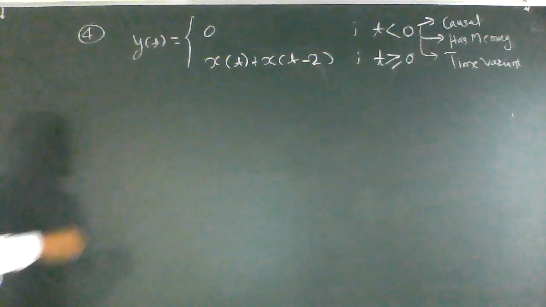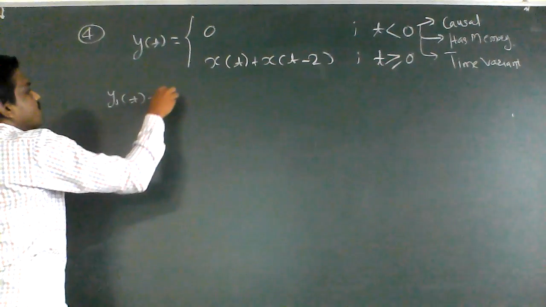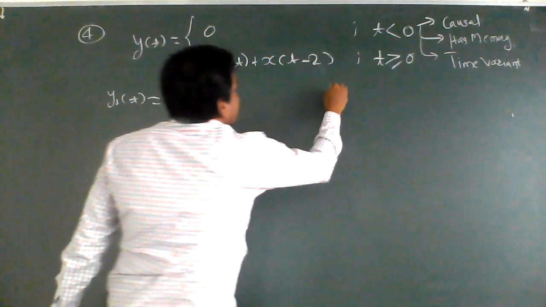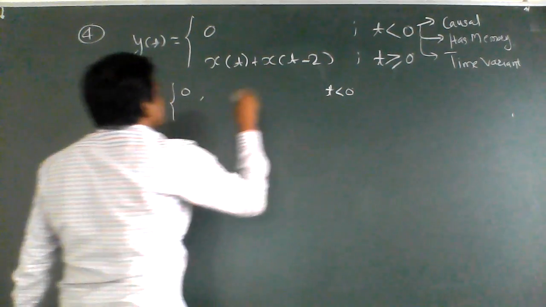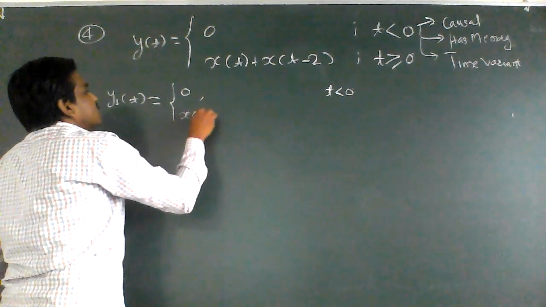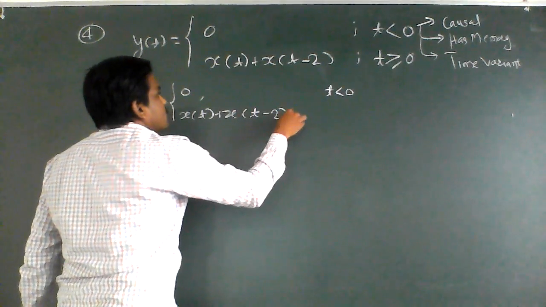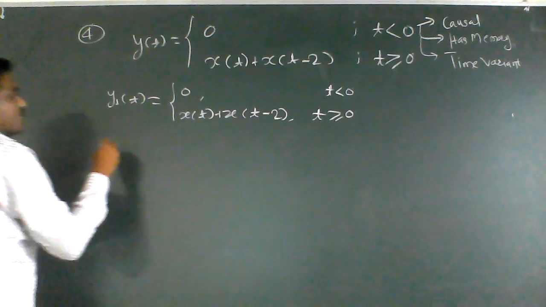So let us consider y1 of t, which is equal to 0 for t less than 0, and it is equal to x of t plus x of t minus 2 for t greater than or equal to 0. This is y1 of t.